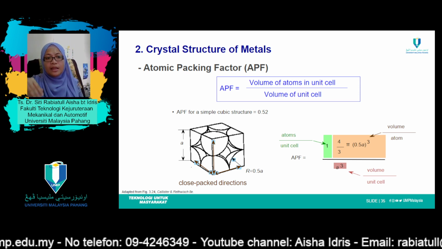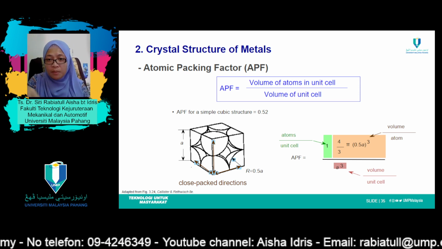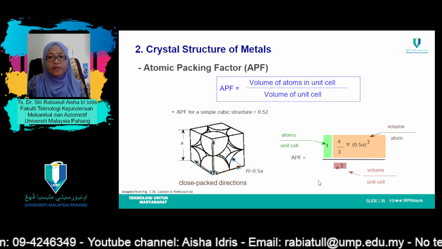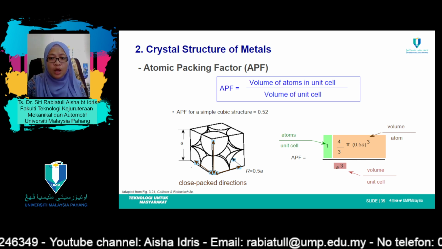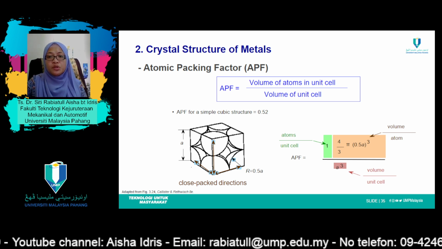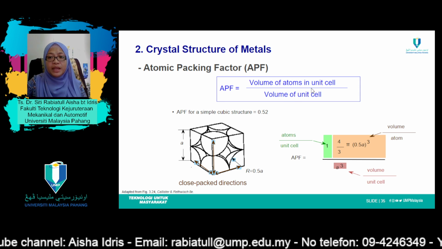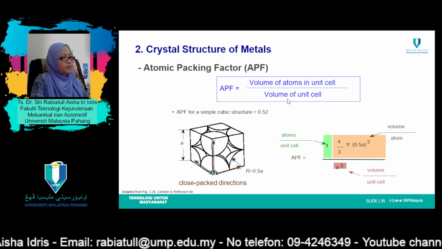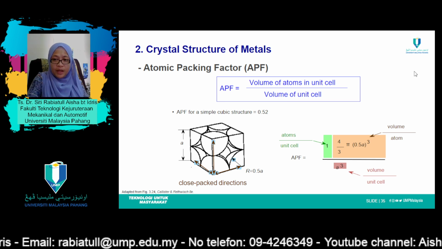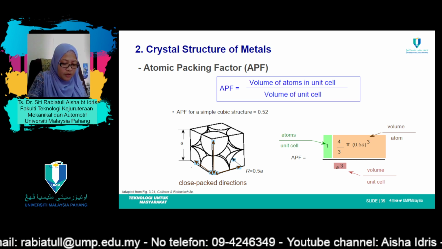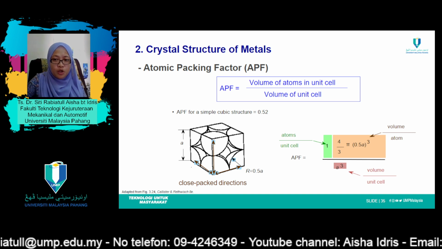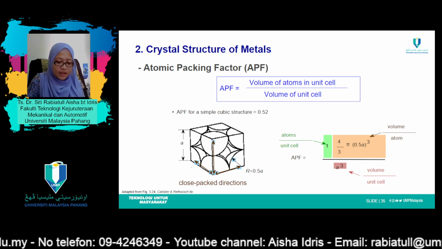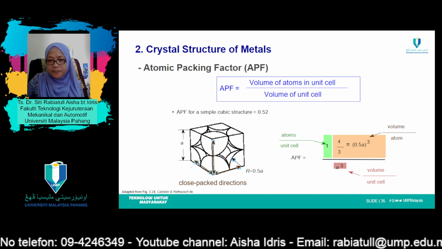But before that, other than the number of atoms, something you need to know in crystal structure is the atomic packing factor, which is APF, with the formula equals volume of atoms in unit cell divided by volume of unit cell. Volume of atoms in unit cell divided by volume of unit cell.